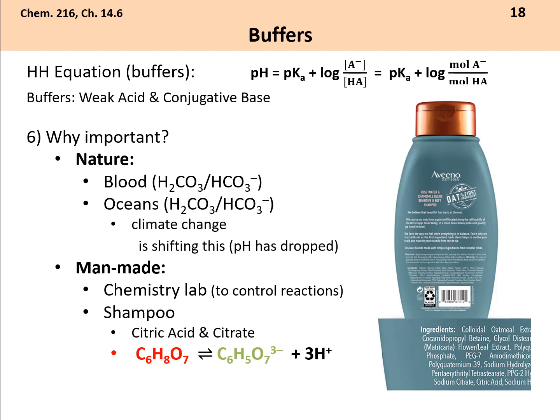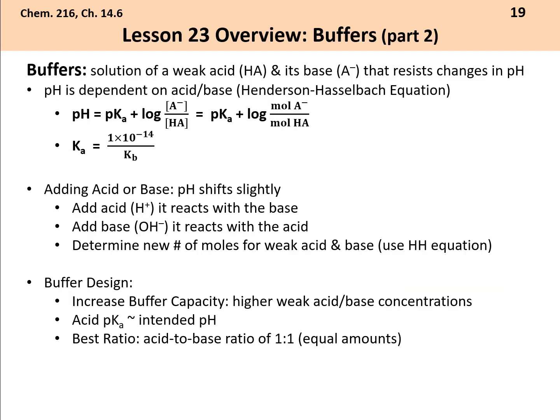I see citric acid right here, and I see sodium citrate. Okay, citric acid, that's this compound right here. This is citrate, and so what happens? I have a buffer between these two. All right, so that is it for buffers.